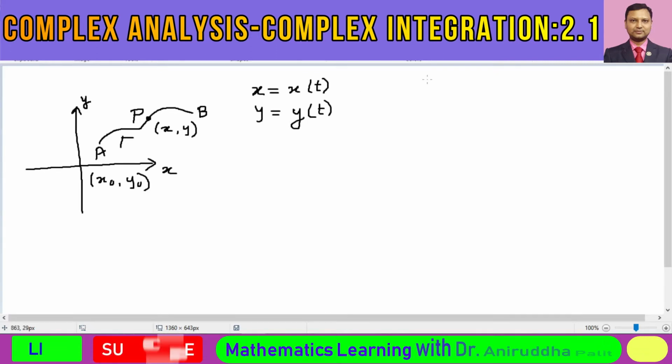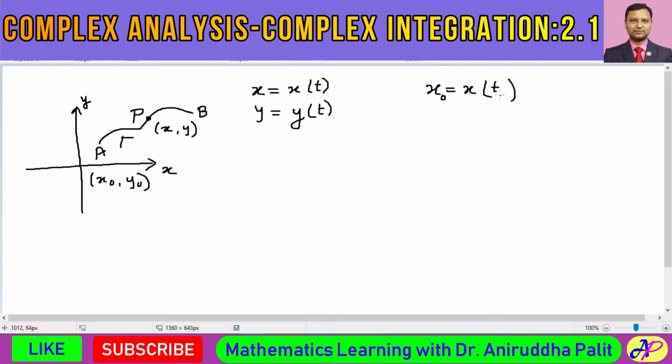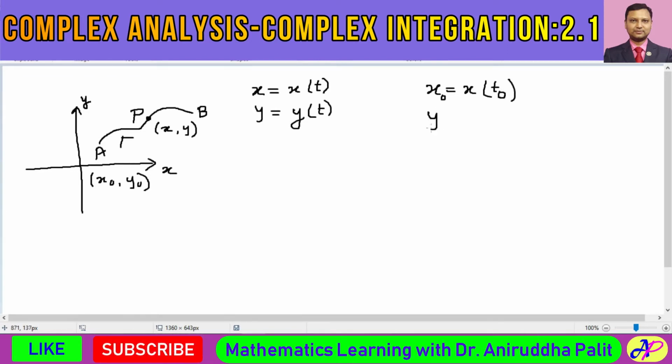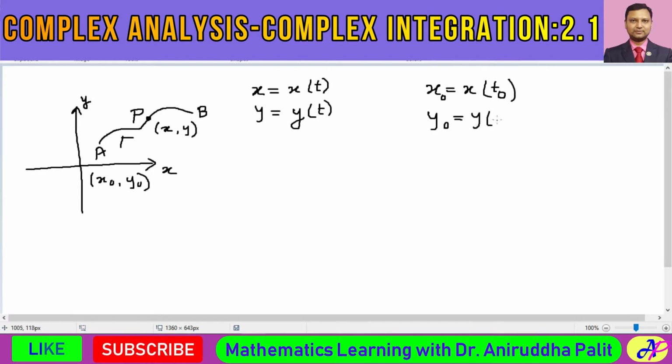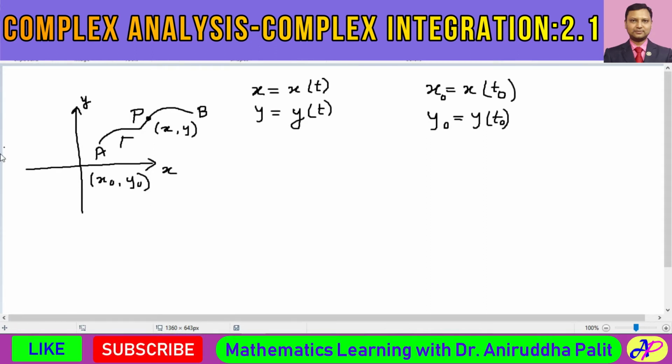And in that case, x0 would appear for a certain value of t, let us call this value t0. Similarly, y0 appears for the same value, so we write y of t0. So whenever t is equal to t0, we obtain this point.